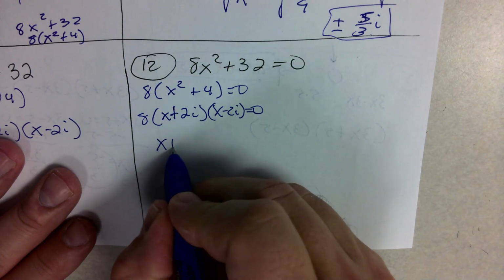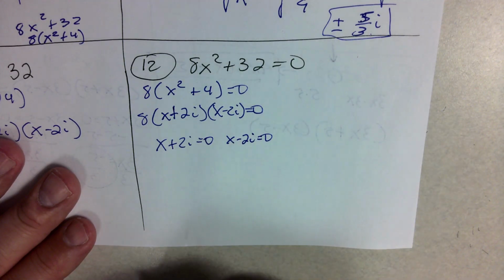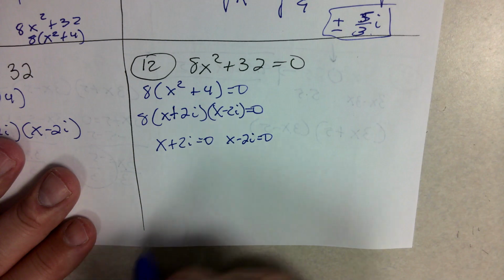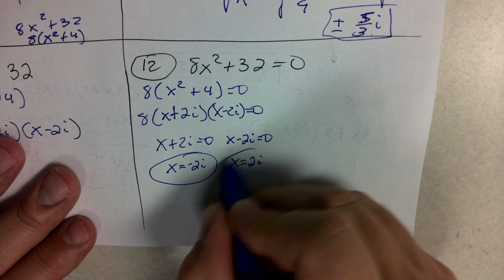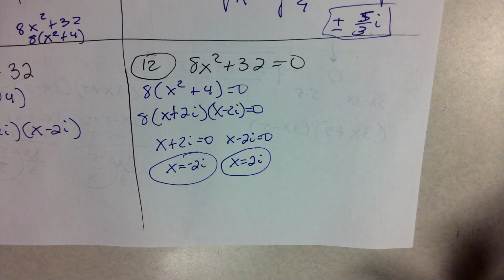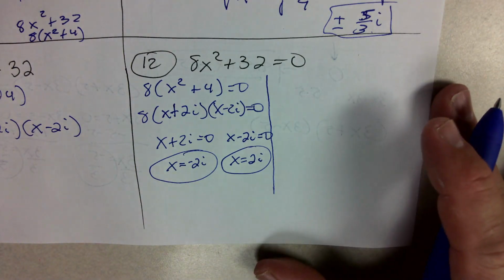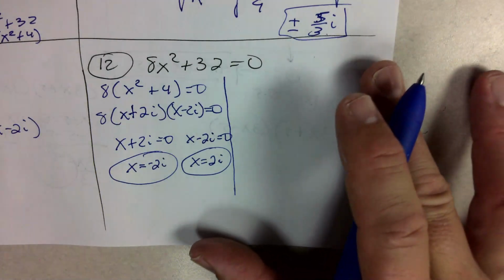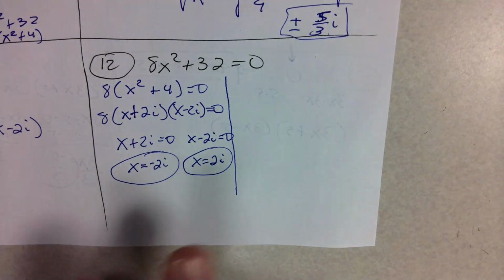So my x plus 2i, if we set it equal to 0, and x minus 2i, we set it equal to 0, you get positive and negative 2i. Okay. Last thing, just for comparison, I know those are my two answers.